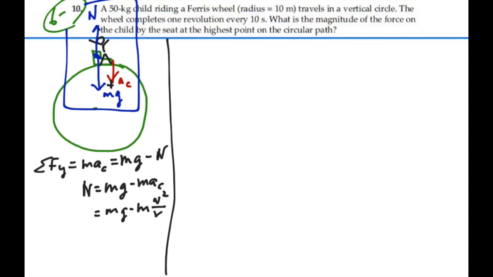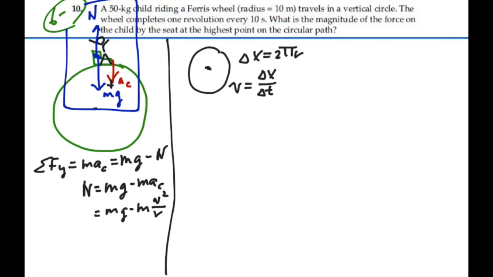We don't know. We're told that it completes one revolution every 10 seconds. So it goes once around on this circle every 10 seconds. So the displacement it travels would be the circumference of this circle, 2 pi r, and it does that every 10 seconds. So our velocity is going to be equal to this displacement per time.